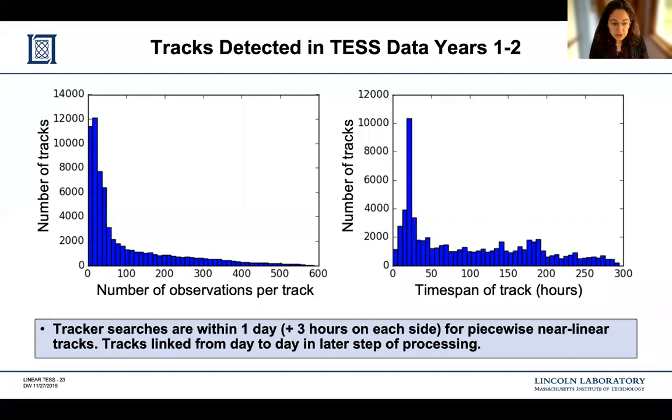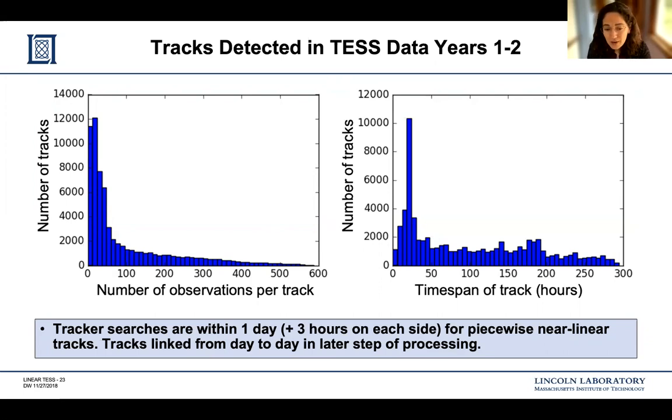When looking at the characteristics of our tracks, we look at the number of tracks with certain numbers of observations per track. We have up to several hundred observations per track. The way our tracker algorithms run, we give it 24 hours of data plus or minus 3 hours on either side. And then in a later step, we link night to night for the same track observed on different nights.